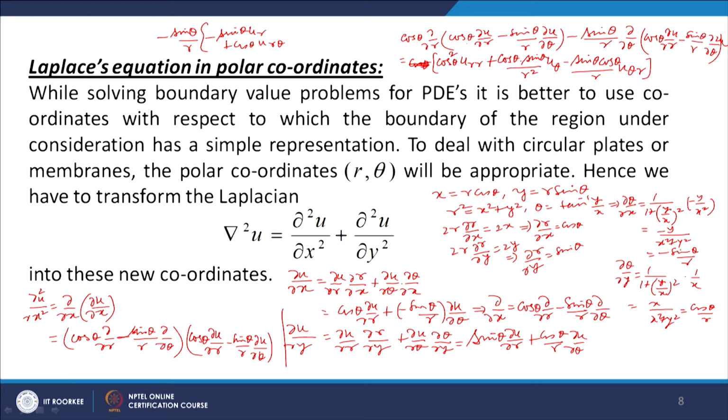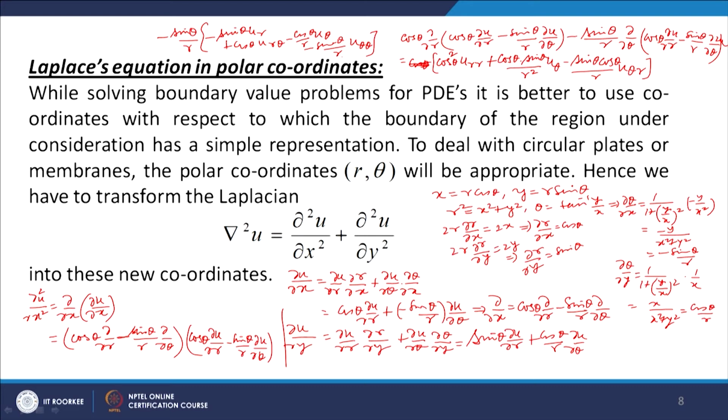So, we have cos²θ u_rr. Now here we differentiated cos θ, we got minus sin θ into u_r, then we get cos θ into u_rθ, then we differentiate this sin θ, what we get is minus cos θ over r. So minus cos θ over r, and we get u_θ, and then 1 over r when differentiated with respect to θ will give 0. So we get minus sin θ over r, and we get u_θθ.